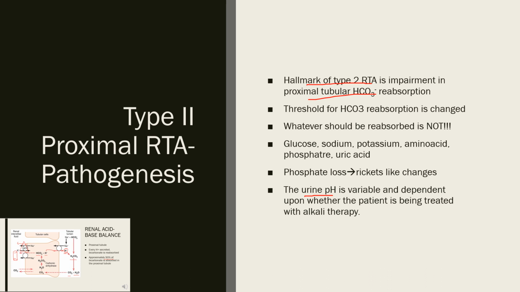The blood bicarbonate is going to be less, say around 16, which is less than the expected 18 for this particular proximal tubule. So this child will reabsorb bicarbonate. In that case the urine pH is going to remain acidic because distal acidification is happening. Clear? So urine pH is variable and dependent on whether this child is receiving alkali therapy or not.